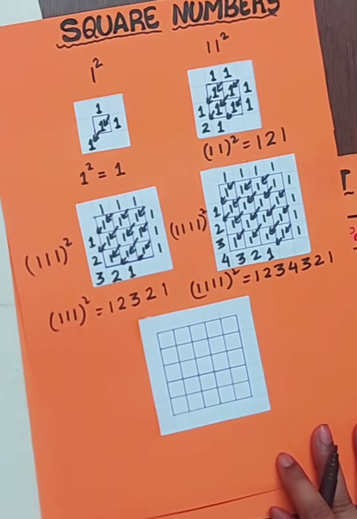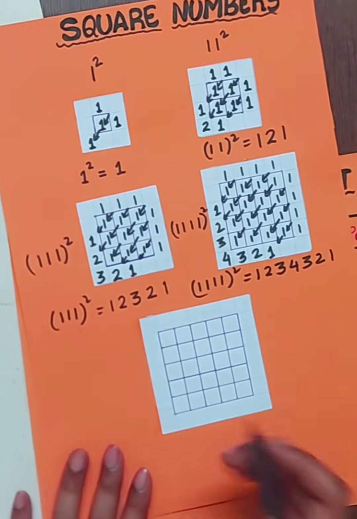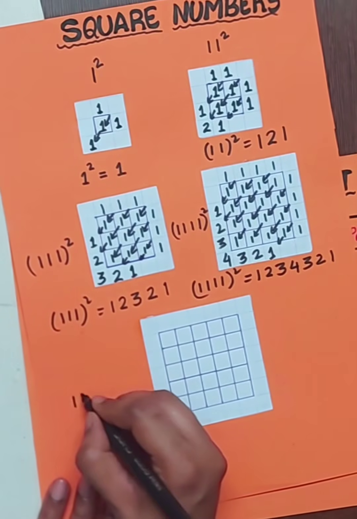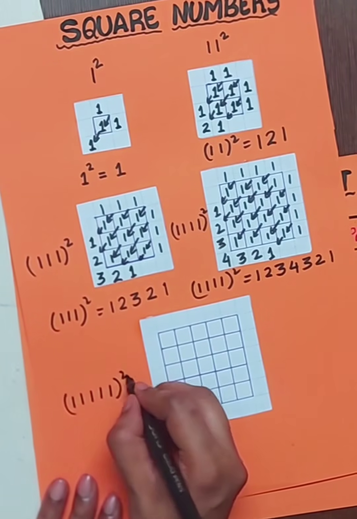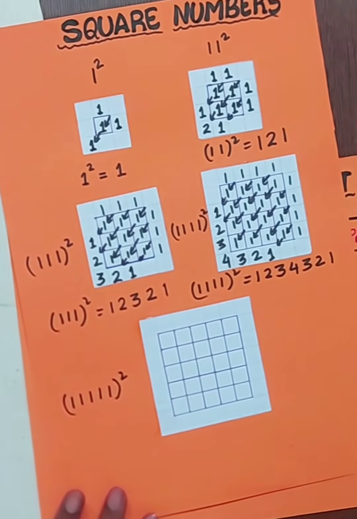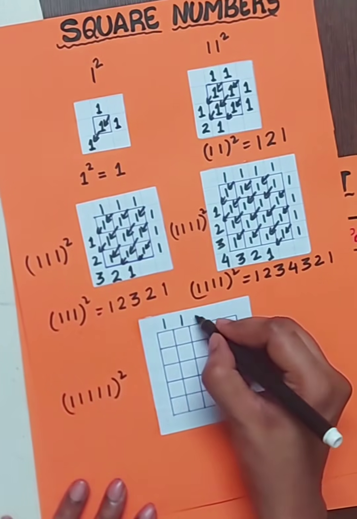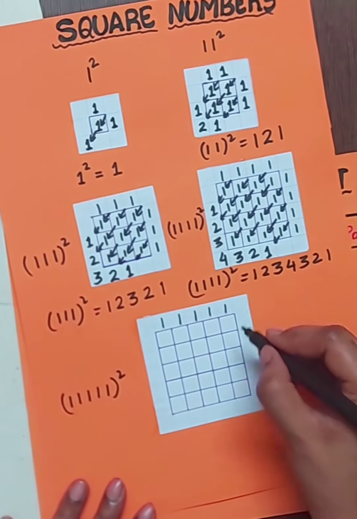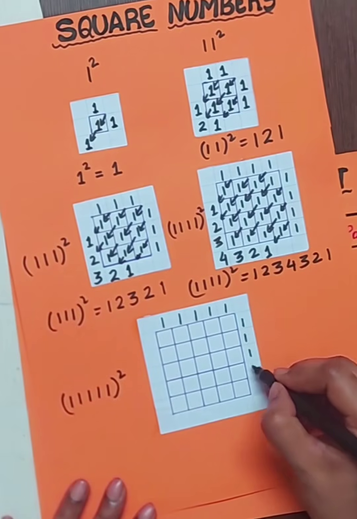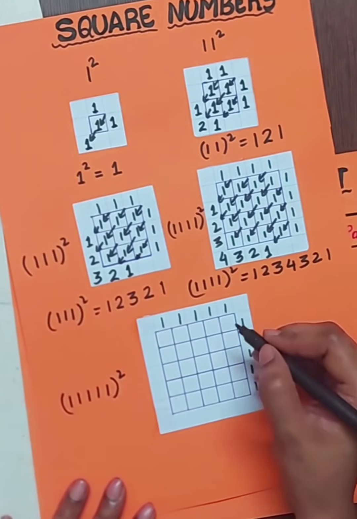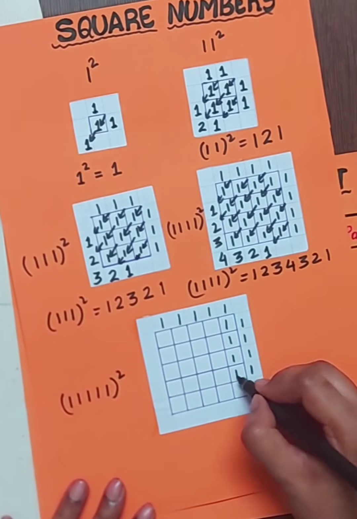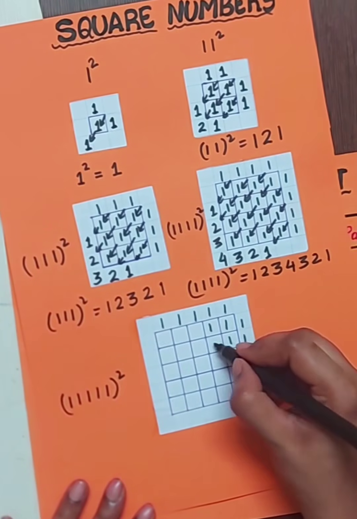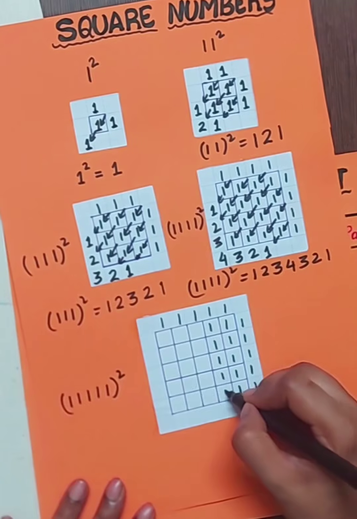Similarly, we'll follow the same method here for the next number, that is 5 times 1. Write the numbers in the same pattern. Write 1 in each box, because multiplying 1 with 1 will always give 1.